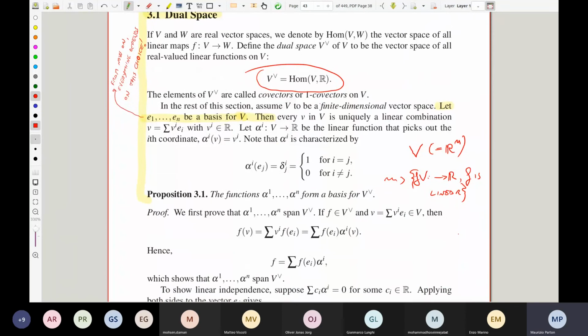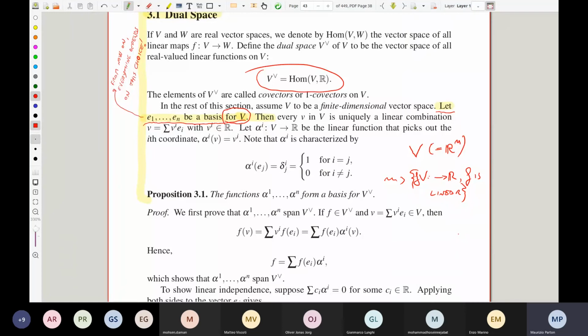Okay, the dual vector space. There is a nice notion of dual basis. If you start with a basis for V, for the original vector space, then you have a dual basis.